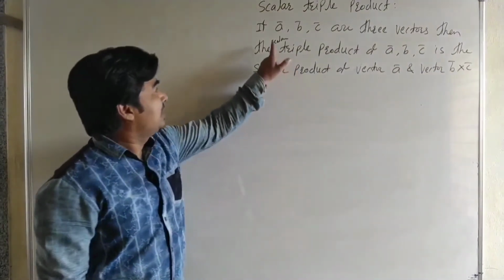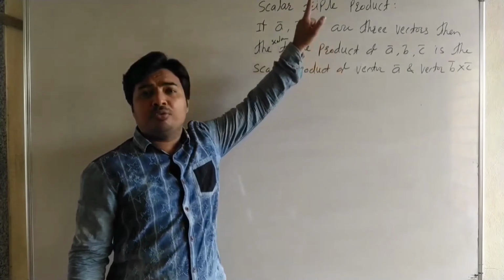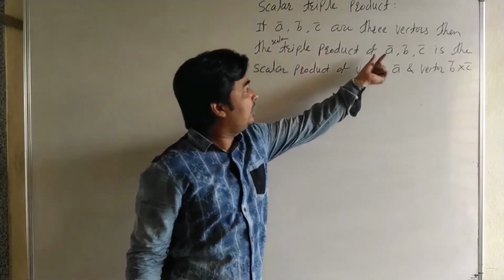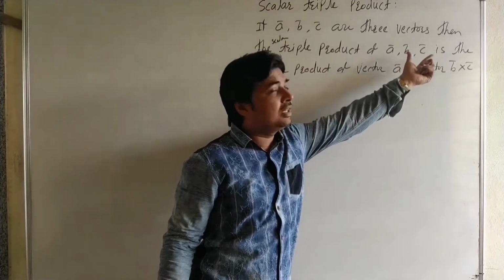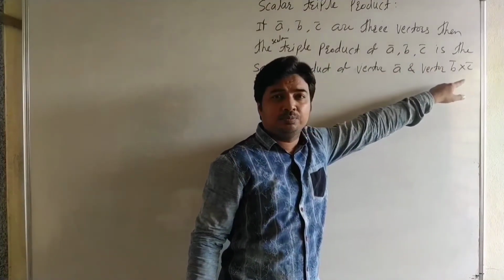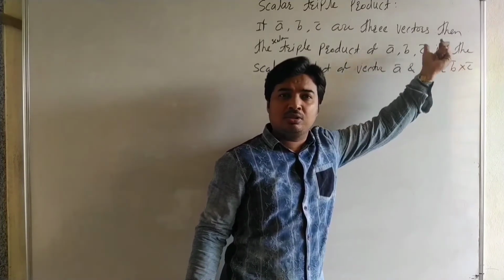Now the scalar triple product of vectors a bar, b bar, c bar is the scalar product of vector a bar and the vector b bar cross c bar. A bar is a vector and b bar cross c bar is also a vector.